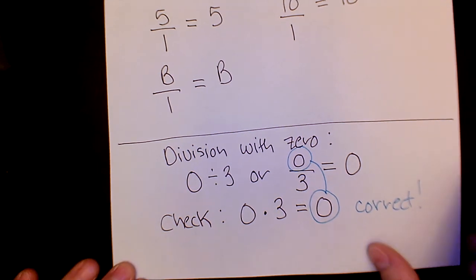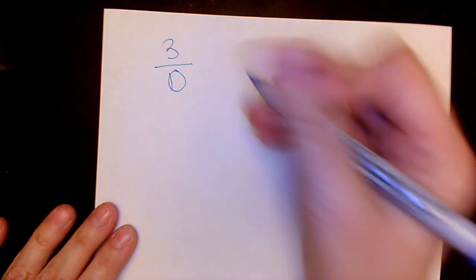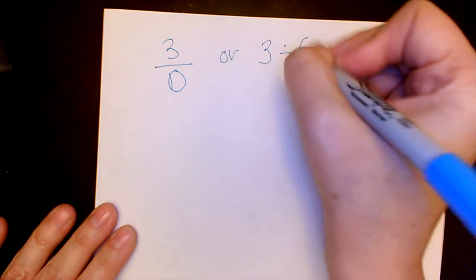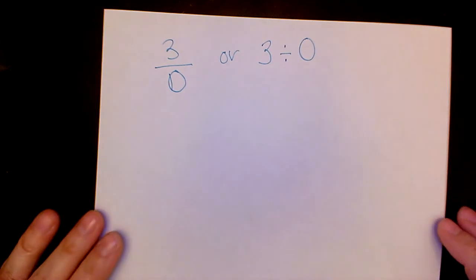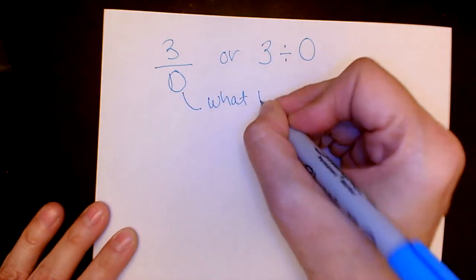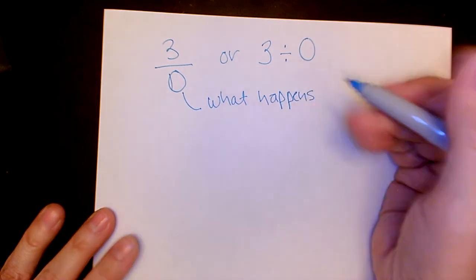What happens when 0's on the bottom? What if I had the opposite of that? What happens when 0 is on the bottom?